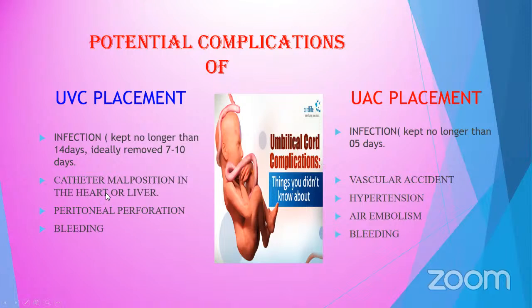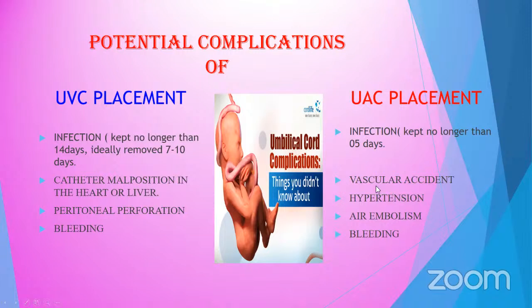And then catheter malposition in the heart or liver, and peritoneal perforation and bleeding. Also in UAC complications, we have vascular accident, hypertension, air embolism, and bleeding. The vascular accidents are like thrombosis, embolism, and vasospasm.